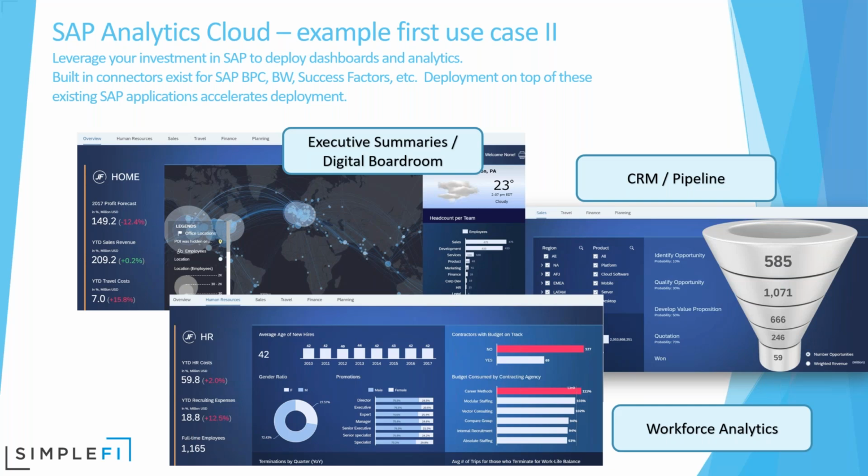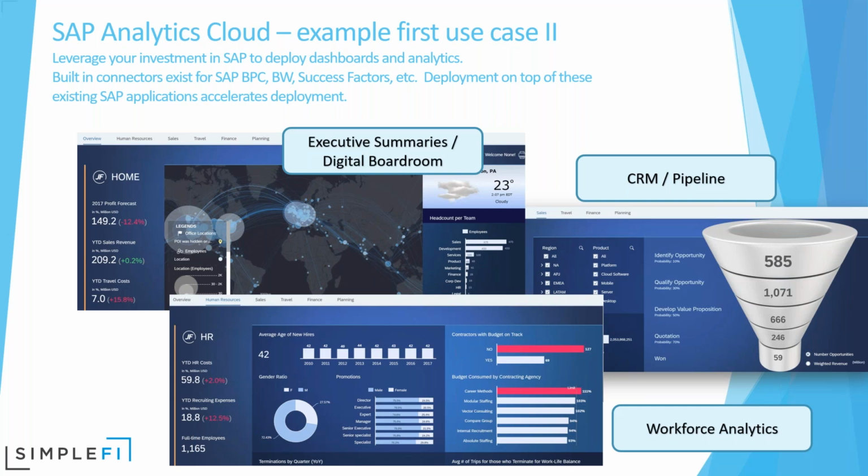These are some examples of different analytics that you could get out of BW, out of BW queries, and out of SAP BPC. Executive summaries: this is the same tool set that SAP uses for their digital boardroom tool. If you purchase that digital boardroom, SAP will set you up with a conference room with big touch screen monitors where the same analytics that you set up are 100% interactive in a boardroom setting.